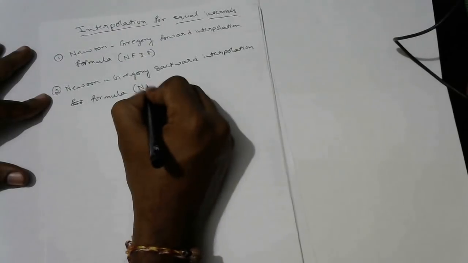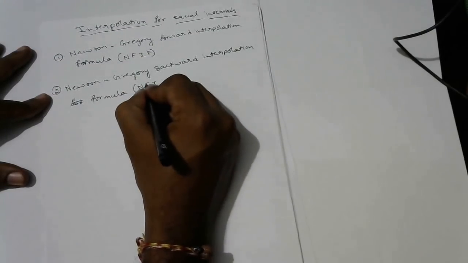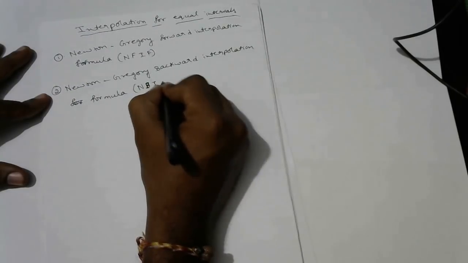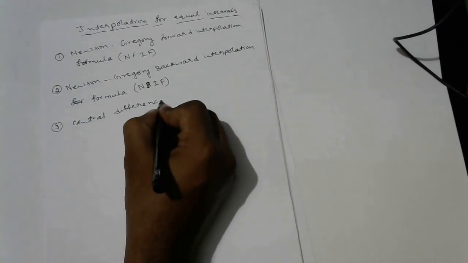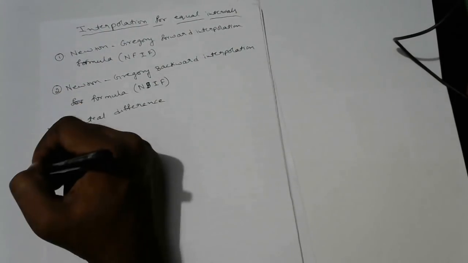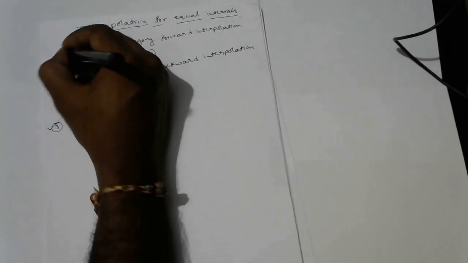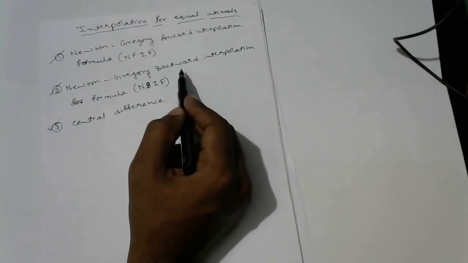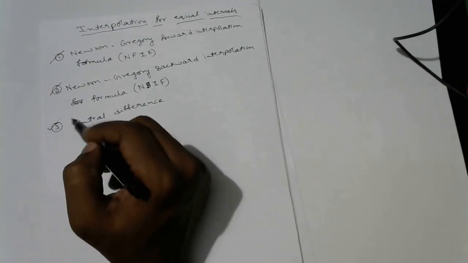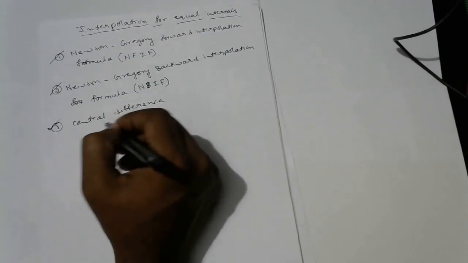Short form is NBIF. And the last one is central difference. I will talk about central difference last. First I will take forward and backward differences, the Newton-Gregory forward interpolation formula and the Newton-Gregory backward interpolation formula. I will talk about central difference later.